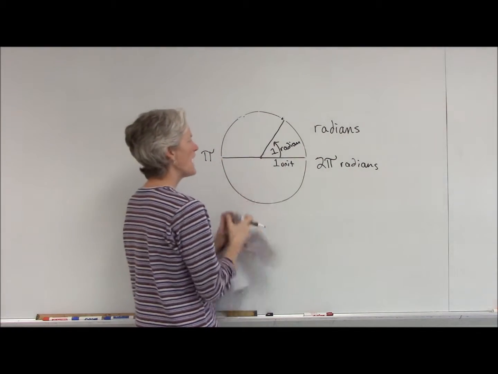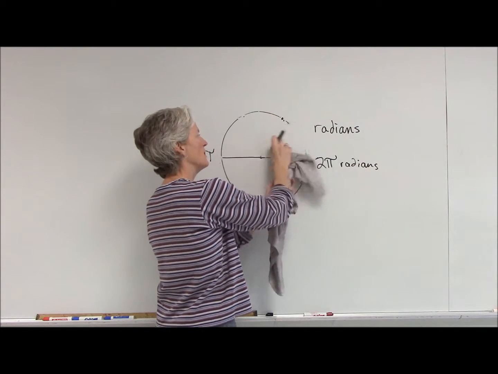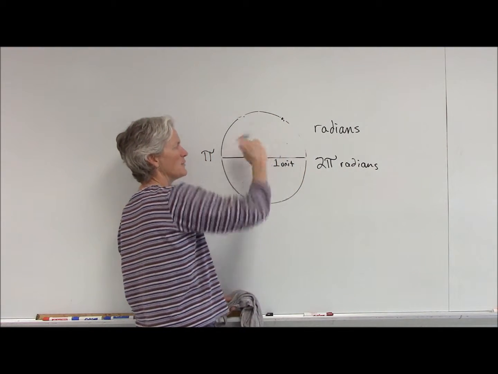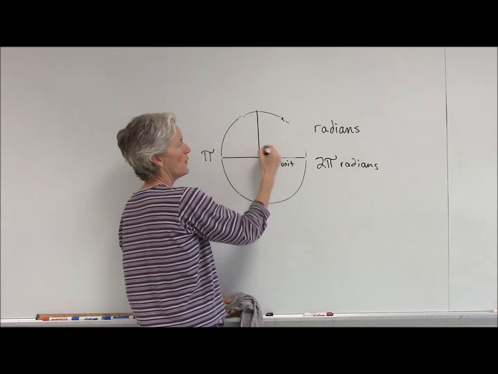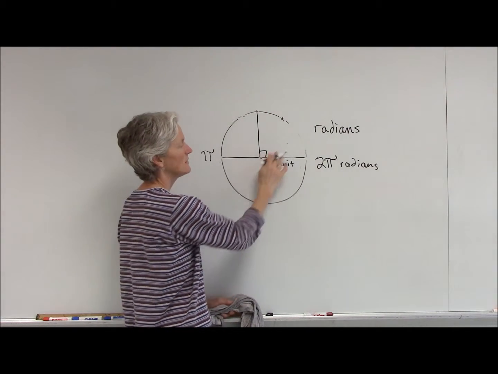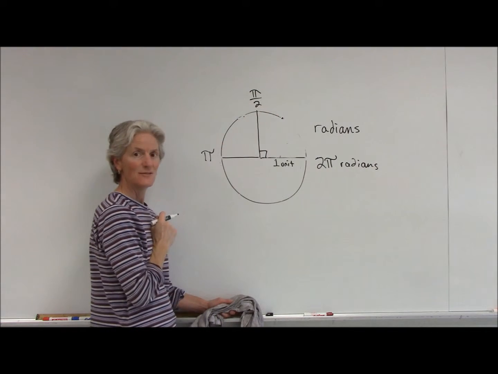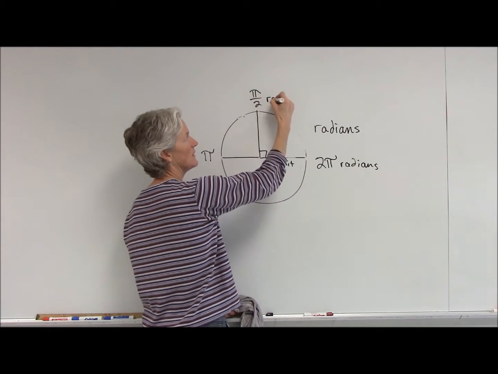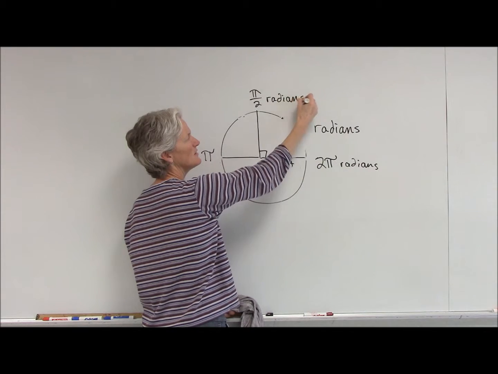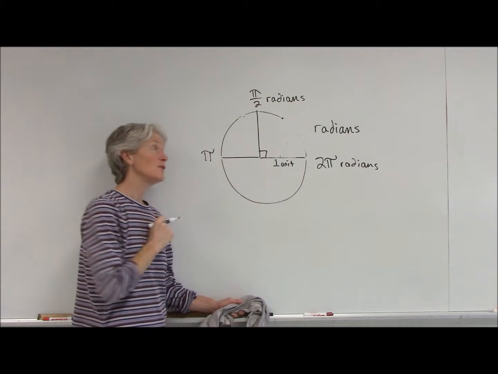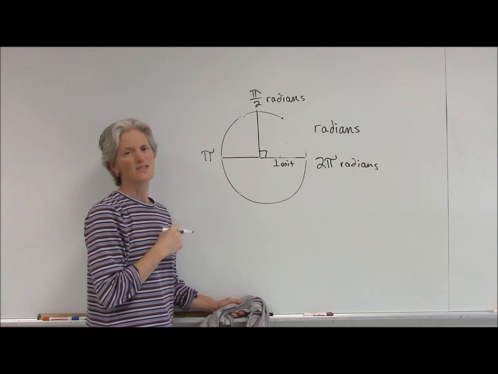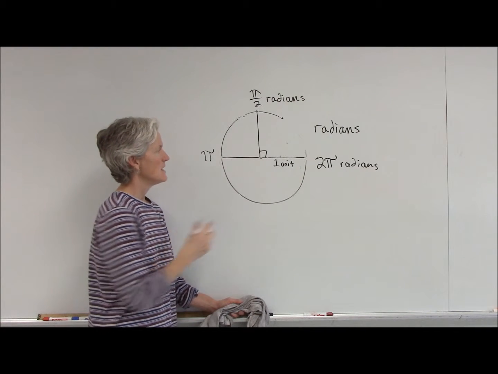Okay, let's break it down. If it's pi radians, that means when I go 90 degrees, I've gone half of pi radians. I'm going to keep writing radians, but usually you don't use any units for radians. It's just implied that it's a radian.